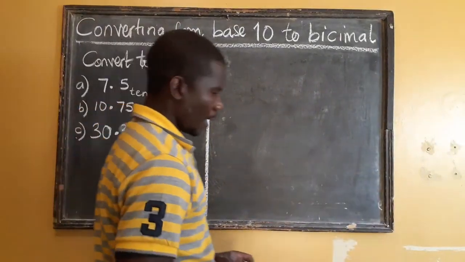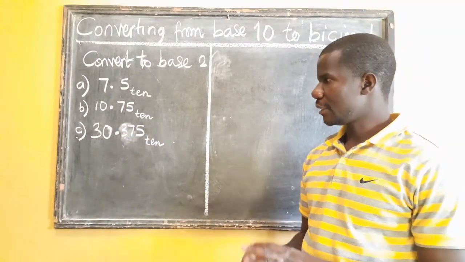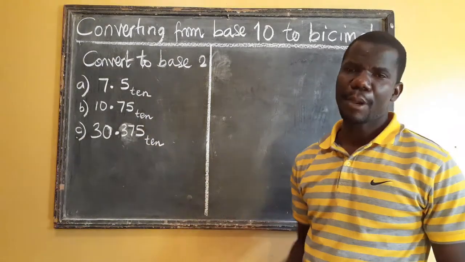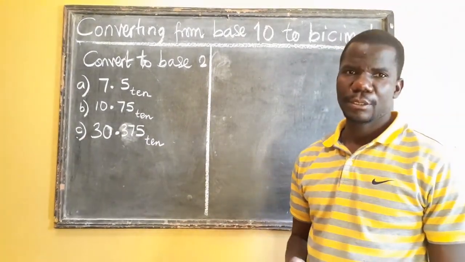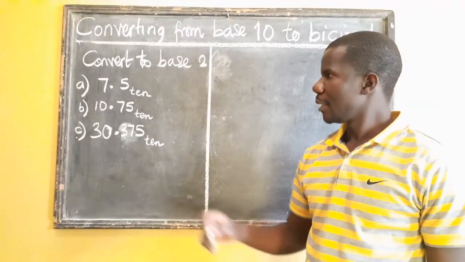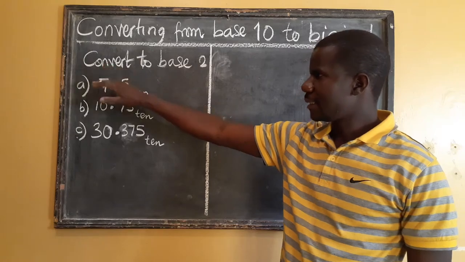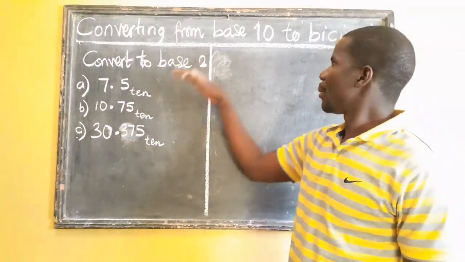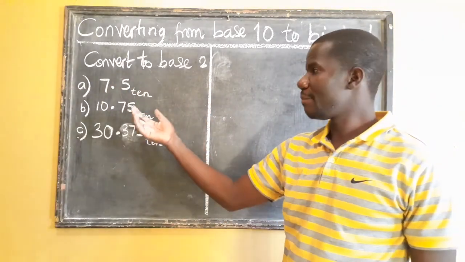So let's see how we can fix the first one. These things are very simple, particularly this part comes in paper 1. So how do we convert to bicimal? These numbers are like decimal numbers, when they're in base 10.